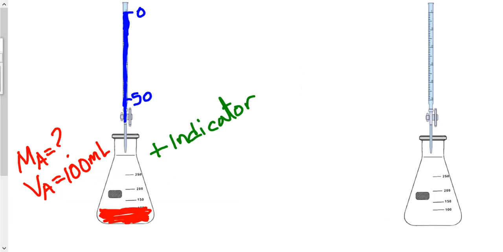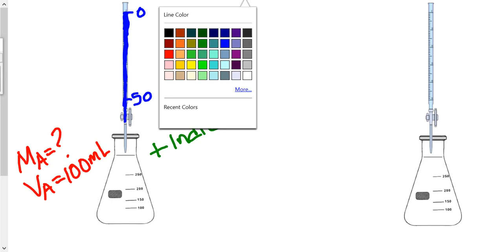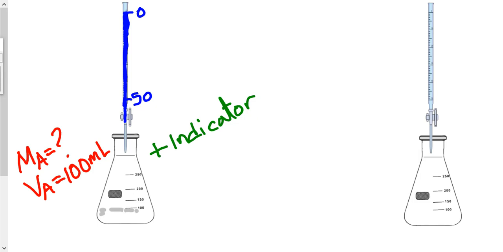So let's say we are using the indicator phenolphthalein, which will turn the solution pink. By the way, I just wanted to make it very clear that this solution should not be red. It should be very clear, it's transparent. But I just wanted to show you that we have something in it. So I will just add this.